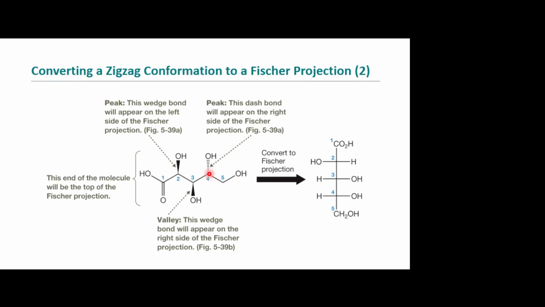Okay? If it's the valley, it's the opposites, right? Okay. So let's go ahead and look at this real quick. Peak towards us, left side. Valley towards us, right side. Peak away from us, right side.